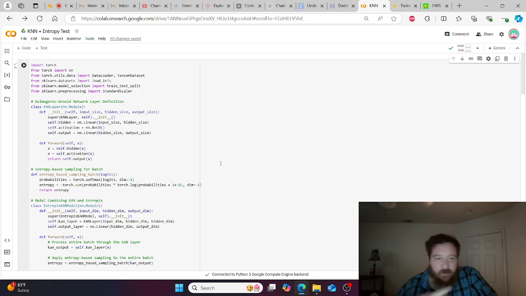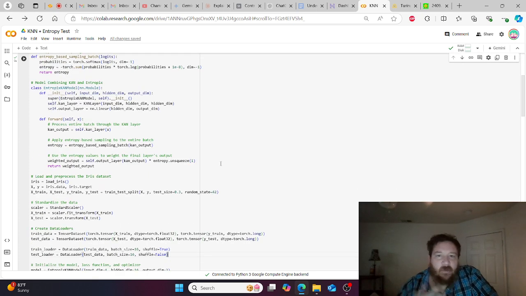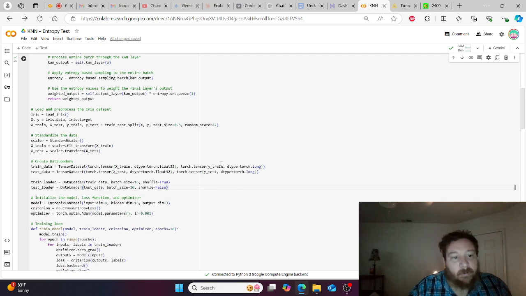There's a previous video I did on Entropix, the Entropix paper, which utilizes a method called entropy-based sampling. As I looked at the math of this KAN transformer, I realized this would couple really well with entropy-based sampling. So I wanted to test it out. This is a combination of the KAN transformer plus entropy-based sampling.